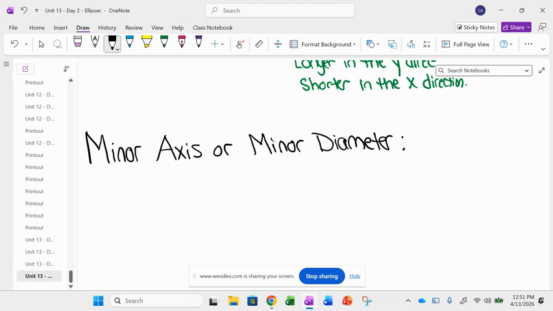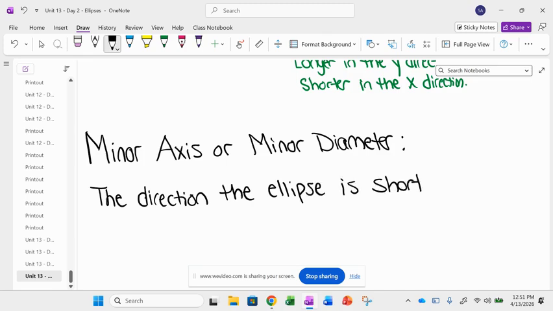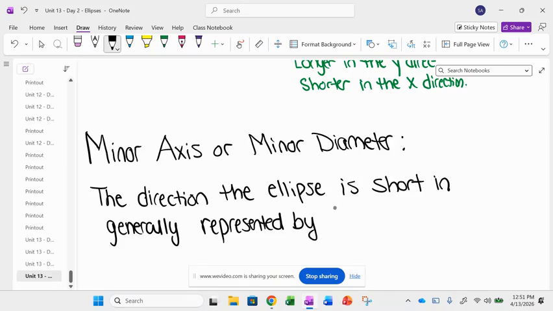And basically the minor axis or the minor diameter is the direction the ellipse is short in. Generally represented by 2b.